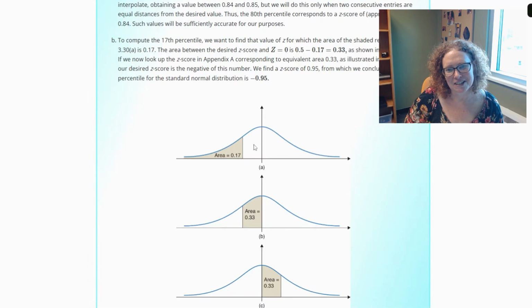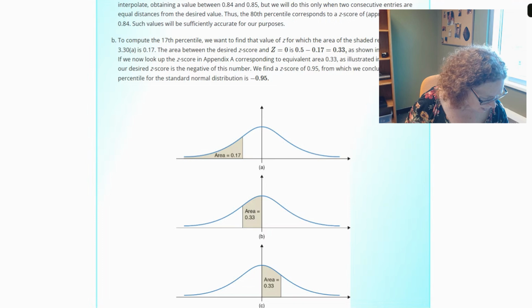That's the area, and the desired Z-score is 0 in this case. We're going back to the 0. So we say 0.5 minus 0.17, which would be 0.33.